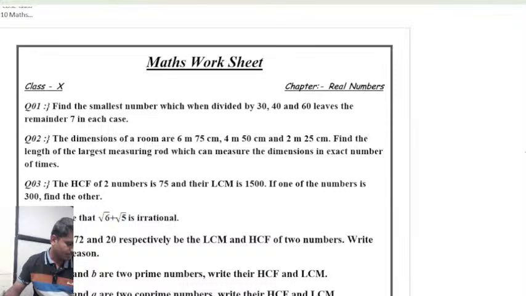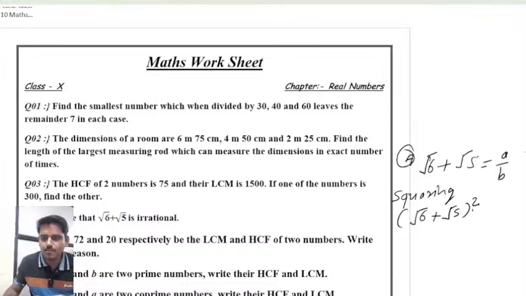To prove root 6 plus root 5 is irrational, we will consider it equal to a upon b, and square both sides. We will get (root 6 plus root 5) whole square equals a square divided by b square.